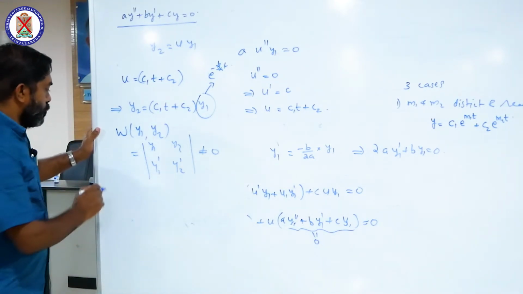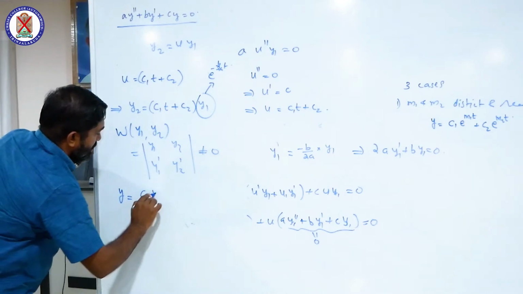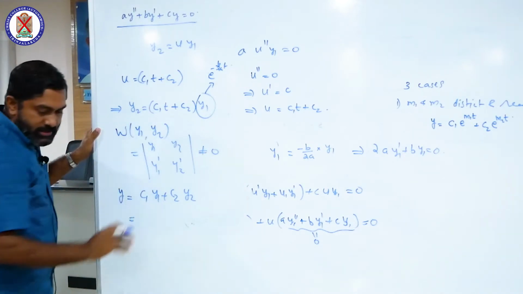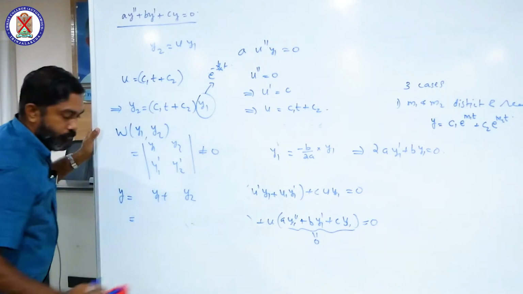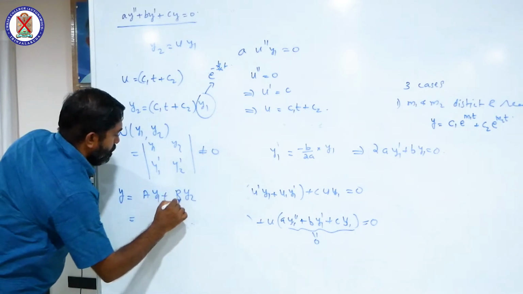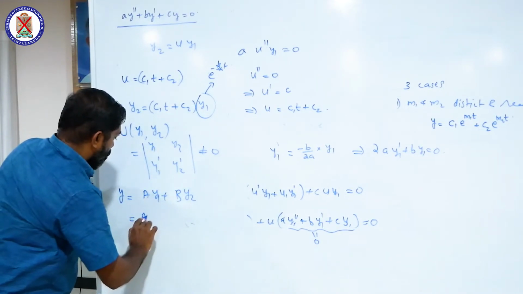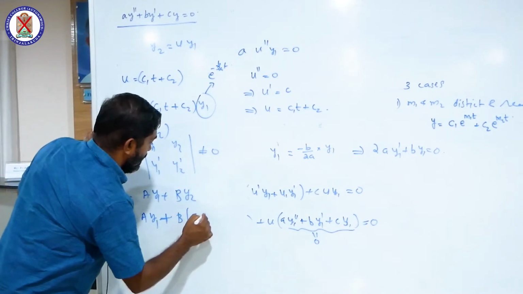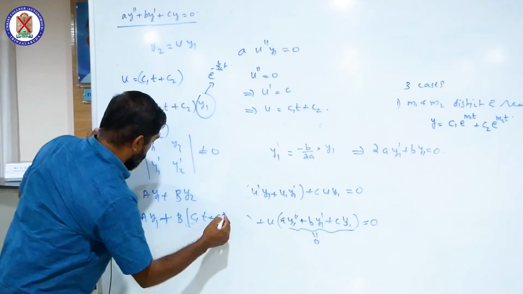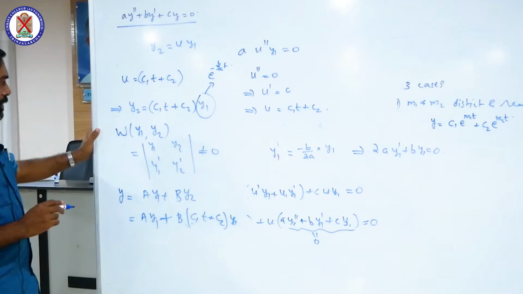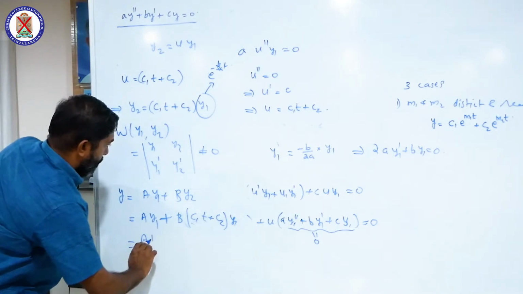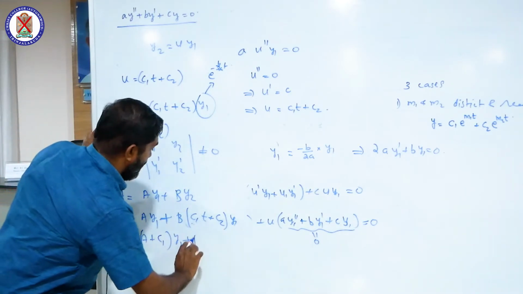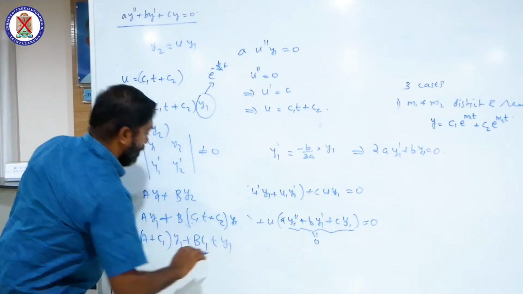So this means the general solution y can be taken as c1 y1 plus c2 y2. We have one c1, so consider another constant: a into y1 plus b into y2, which is c1 t plus c2 into again y1. So this means a plus b c2 into y1 plus b c1 t y1.